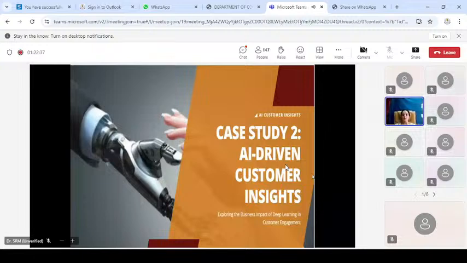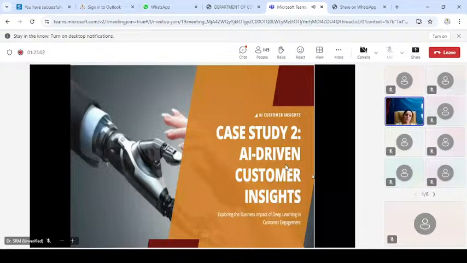These algorithms will be processing vast amounts of data to uncover hidden patterns and trends that market-based analysis, trend analysis, or our CLV, customer lifetime value calculation, all these methods might be overlooking.